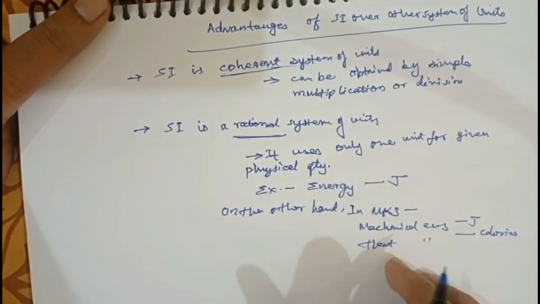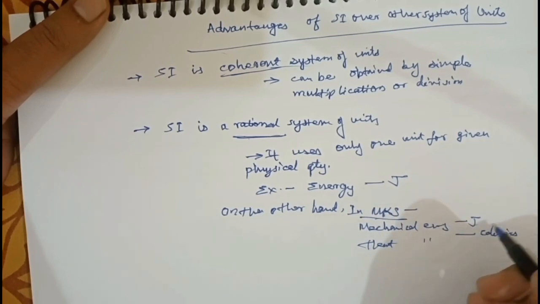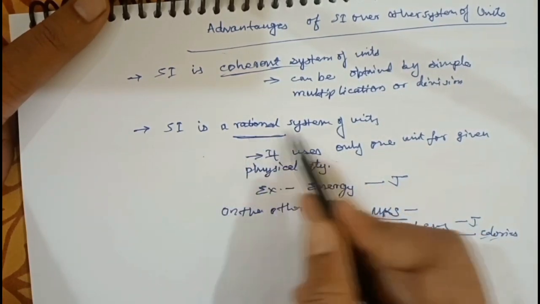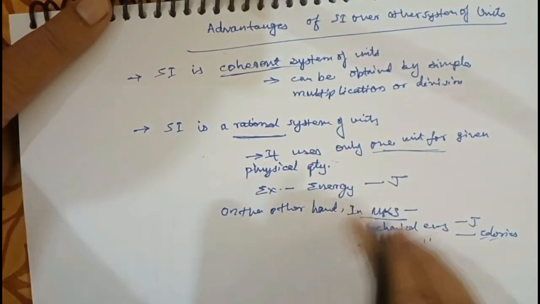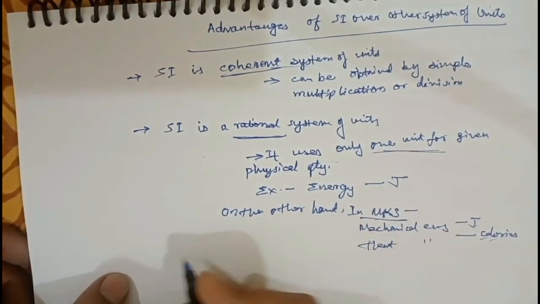So in the MKS system, different energy forms have different units, and in SI this is rational. It uses only one unit for a physical quantity, that is energy, only joule, no other unit.